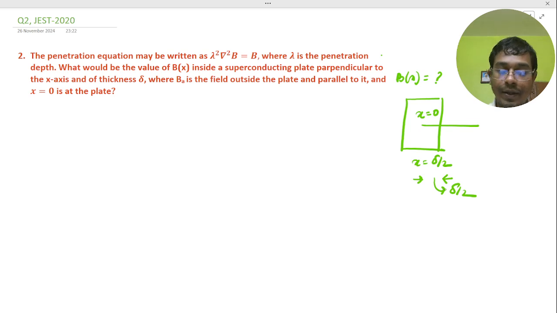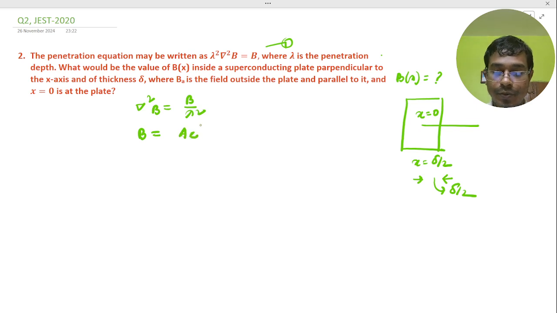So from this question we get equation number 1: del square B would be B by lambda square. So its solution B would be A exponential x by lambda plus constant A dash exponential minus x by lambda.